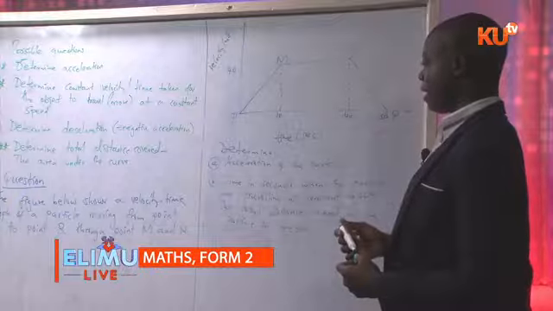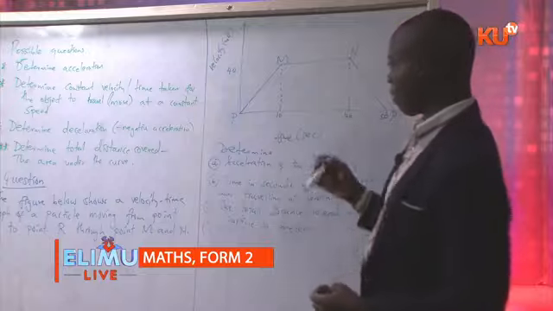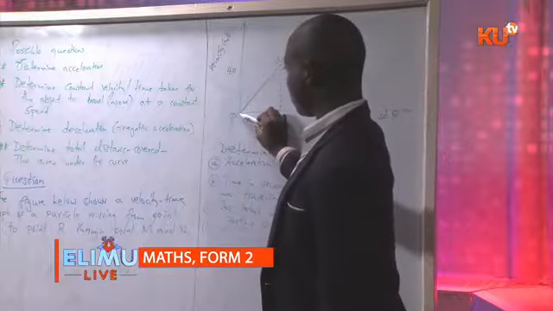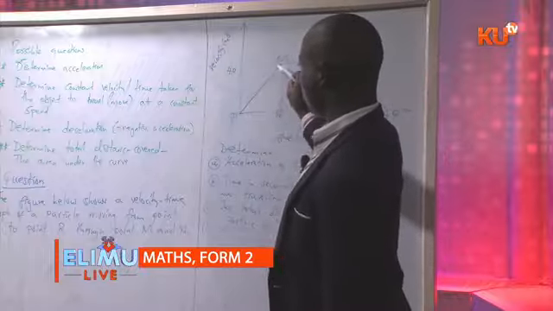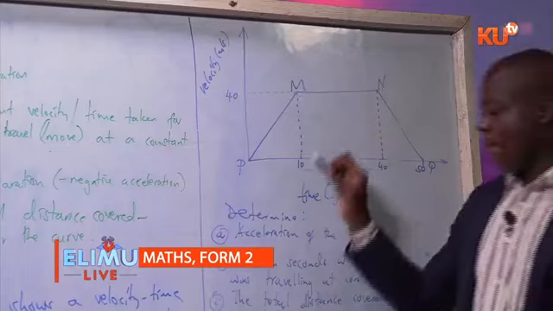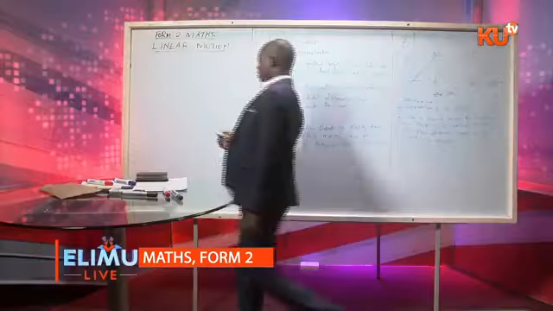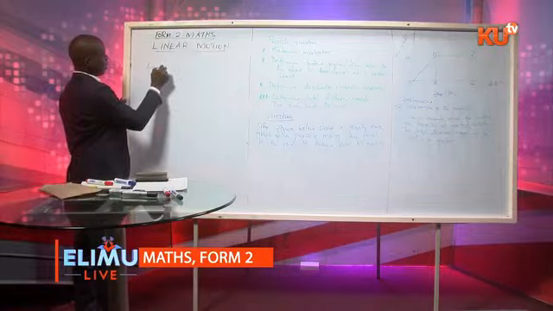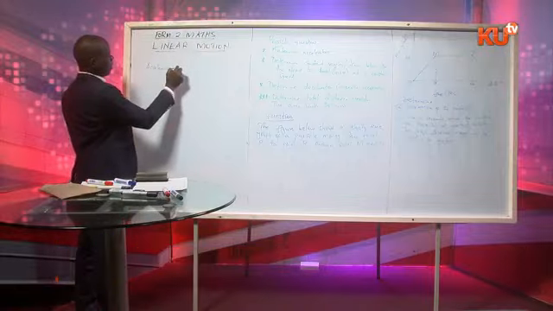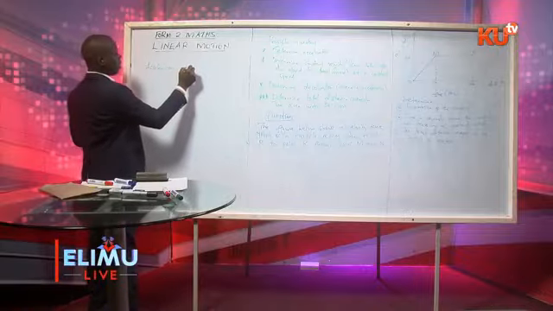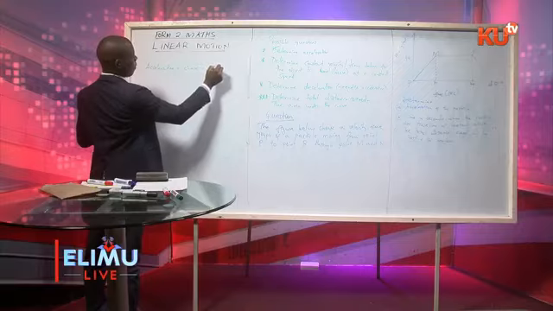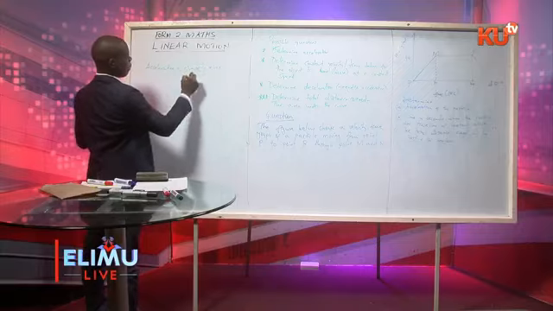We've been told to determine the acceleration of the particle. How do you get the acceleration? We've discussed before, it is along this path. By now we know that acceleration is given by simply the change in velocity over the change in time.